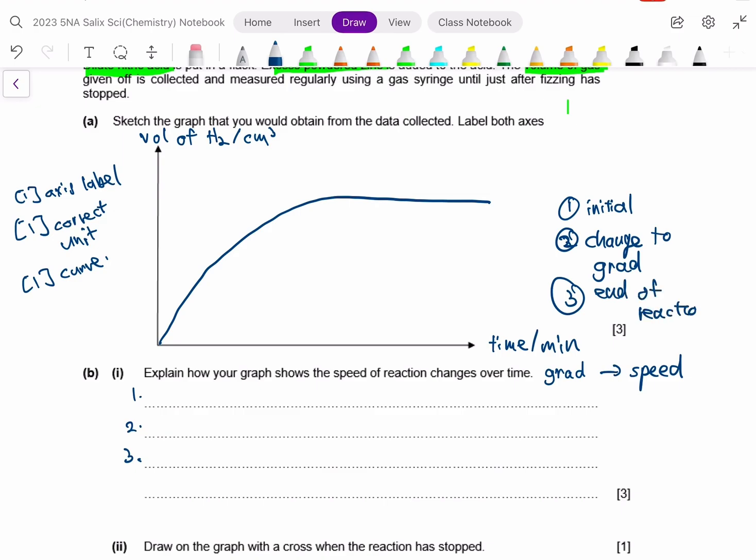Initially quite steep, then more gentle, then slowly becomes 0. First, the gradient is the largest at the start of reaction, so speed of reaction is the highest.